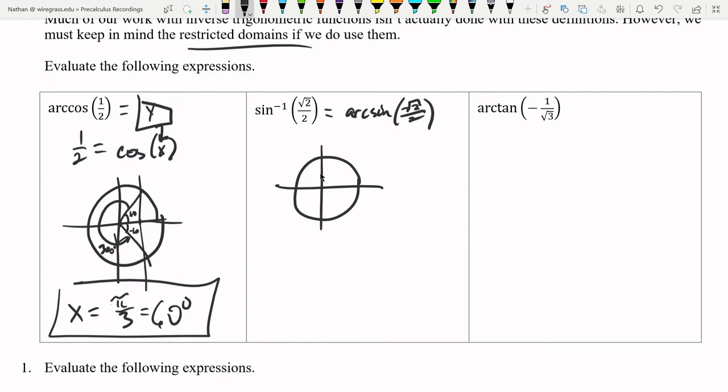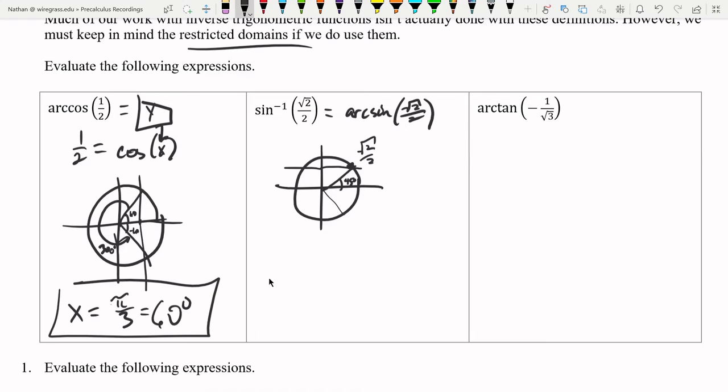The y value, root 2 over 2, something like here, I believe. It's not going to be down here at all because it's positive root 2 over 2. And in this quadrant, this is really this 45 degrees. That's when you get root 2 over 2 for a y value.